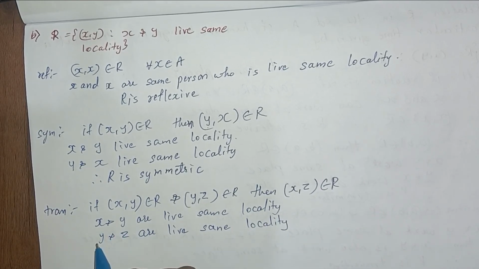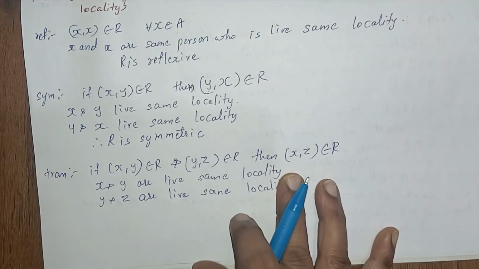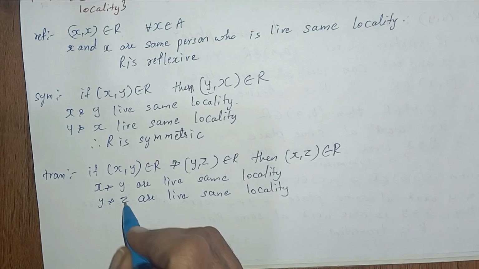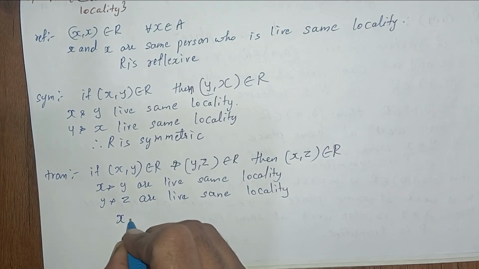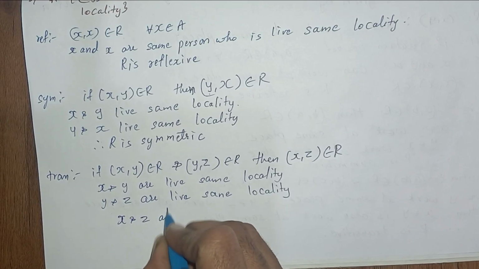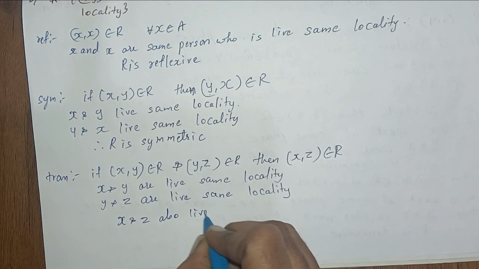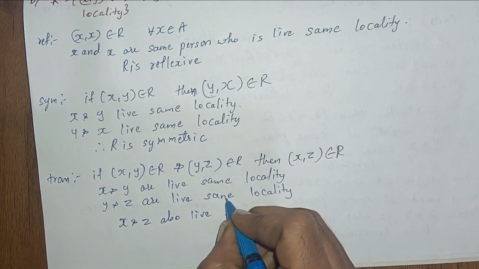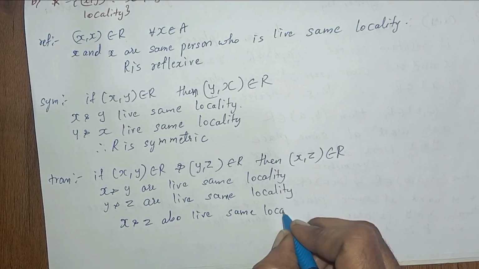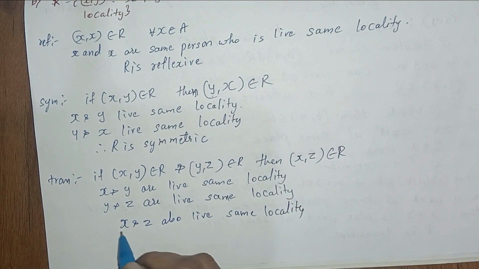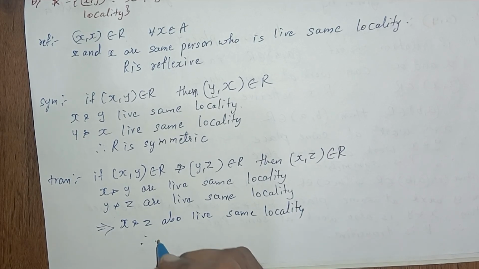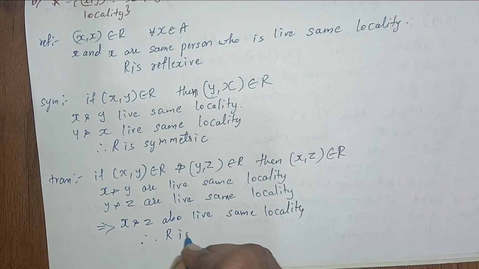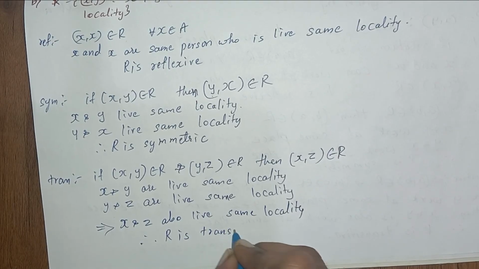So if x and y live together and y and z live together, it means that x and z also live in the same locality. So transitive is proved. So R is transitive.